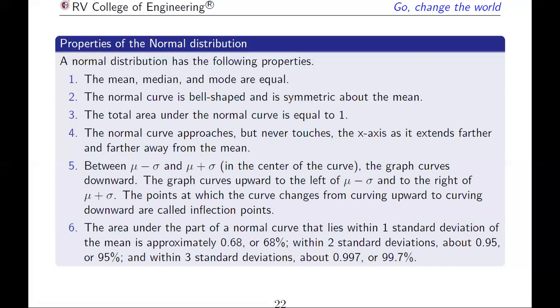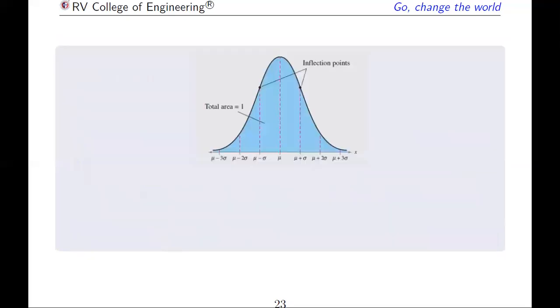The most important property is that the area under the part of a normal curve that lies within one standard deviation of the mean is approximately 68%. Within two standard deviations it is about 95%, and within three standard deviations it is 99.7%. We see these things by considering the normal curve, which is this.